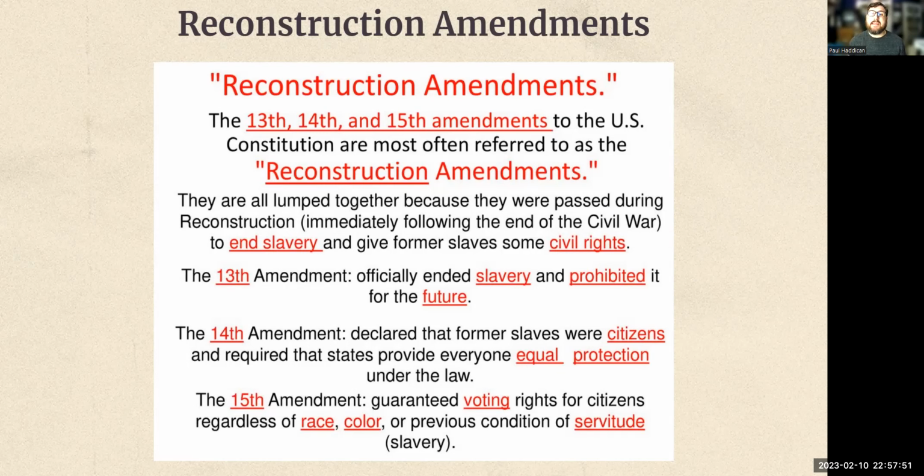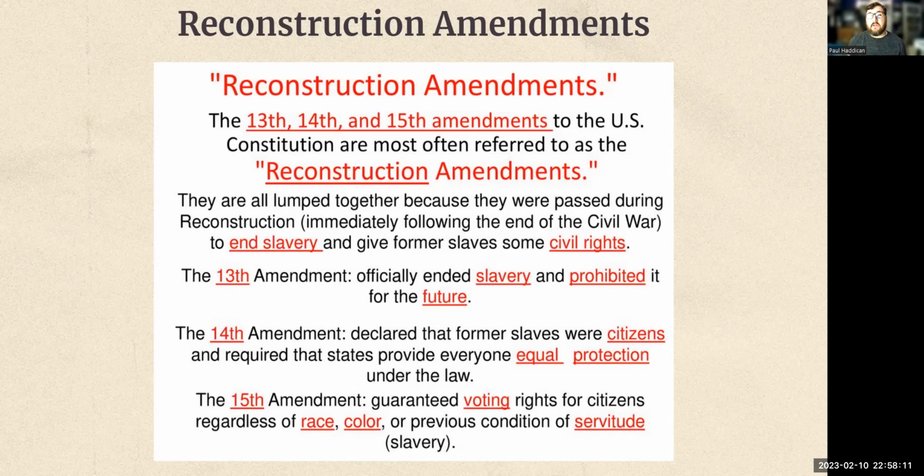But one of the big things that comes out of this Reconstruction era that the federal Congress passes before Southern states are allowed back into the Union are these three Reconstruction amendments. These are national amendments to the United States Constitution.